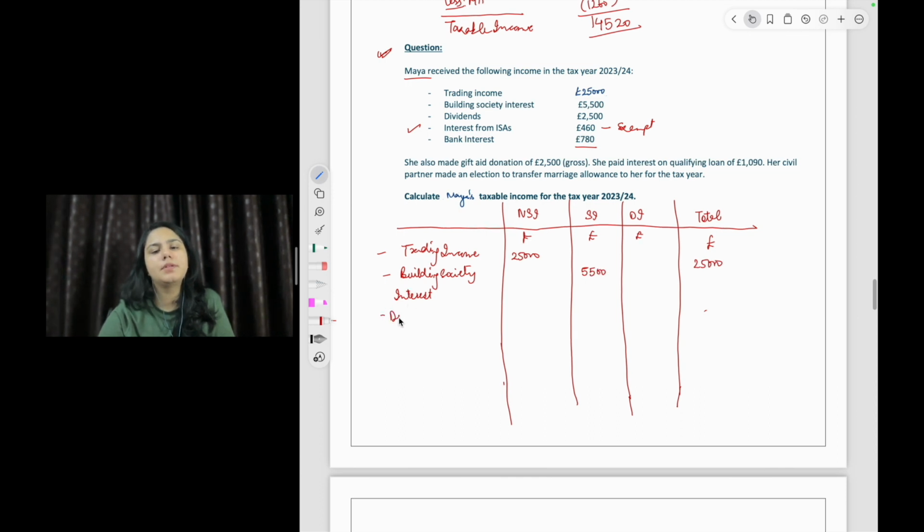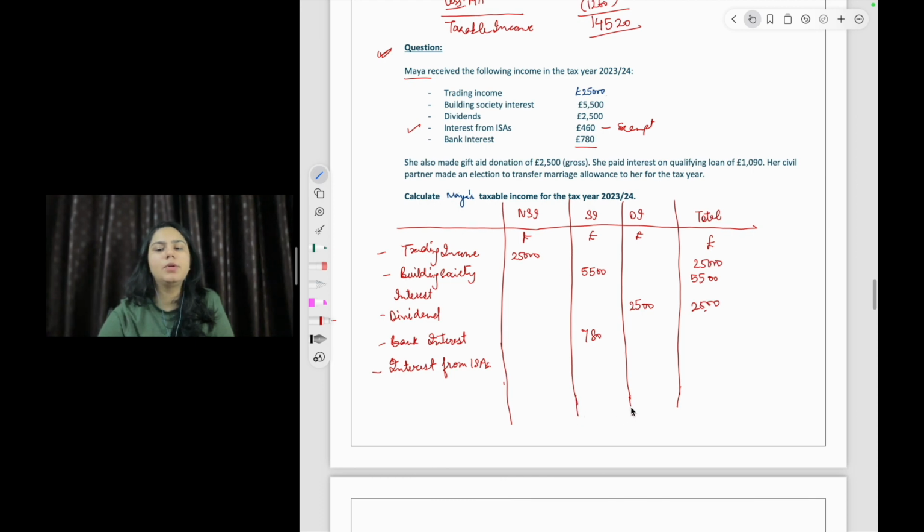Then I have dividend income of 2,500 under dividend income as well. Then we have bank interest, which is again a part of my saving income, as 780, and then interest from ISAs. Even though it is exempt, we are going to include it in our total income computation, but we are going to keep it as 0.